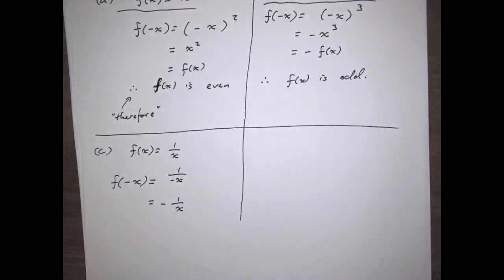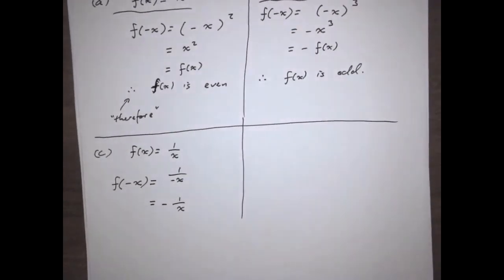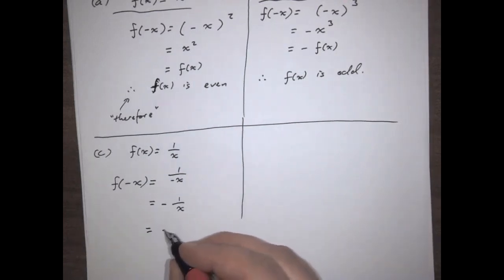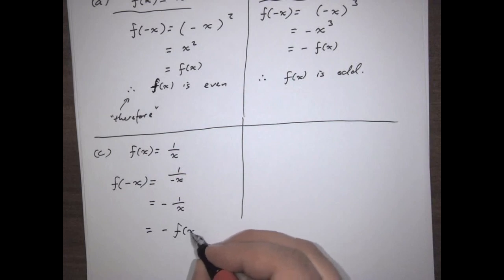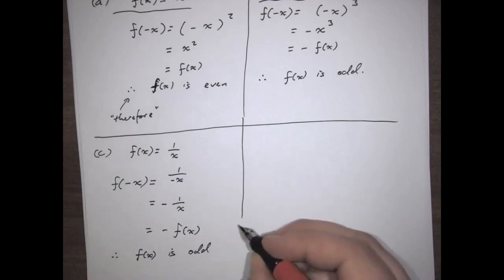So this is the same thing as just negative 1 over x. Which means that this is the same as the opposite of the original f of x, which means therefore f of x is odd.